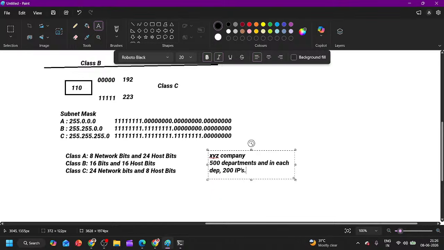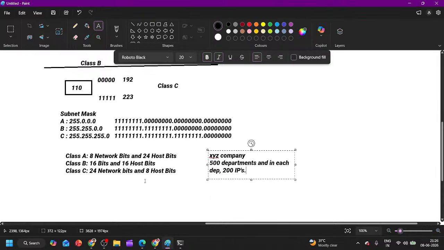Can anyone tell me from which class I should use IPs? Class C. Can I use class A also? Yes, you can use it, but it's a wastage of IPs.